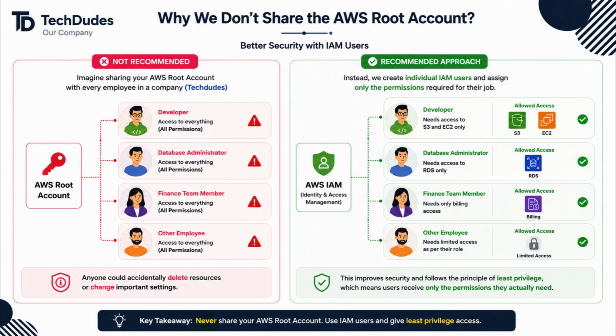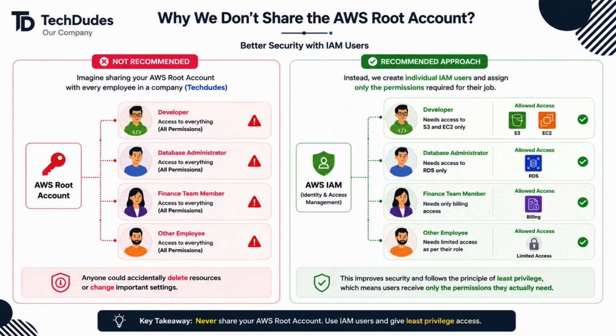Let's say the developer department needs only S3 and EC2. Database administrator needs only RDS. Finance team member only needs billing access. Other employees may have limited access only, right? So in this way, we can secure our AWS account without any accidental damages or any extra billings, etc.